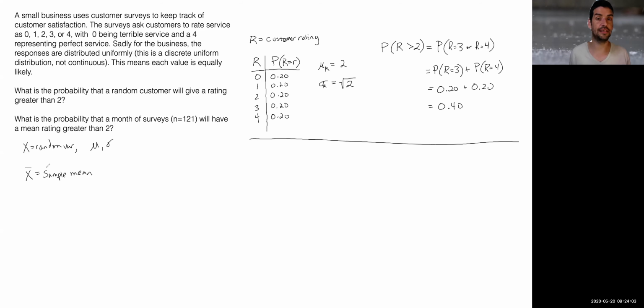If X is the weight of a random 5-year-old, X bar is the average weight of 10 5-year-olds, or whatever the sample size is.